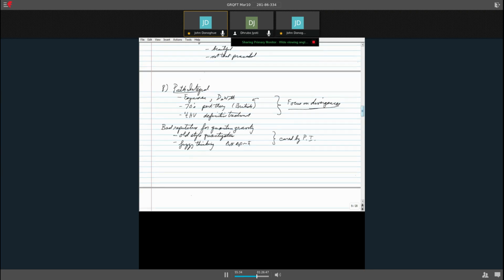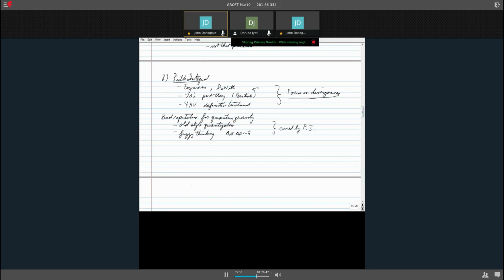Okay, so all of this led to, in some sense, a bad reputation for quantum gravity. Some of it was this old style quantization. Some of it was just fuzzy thinking.